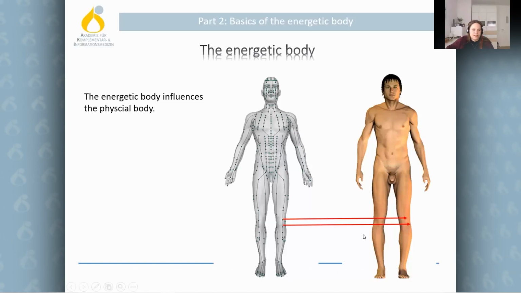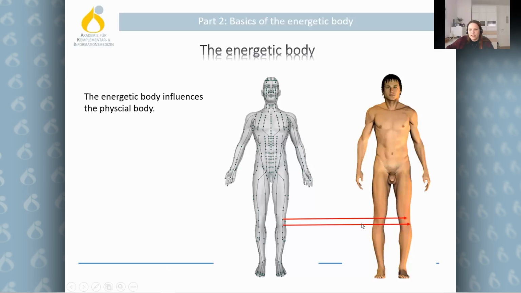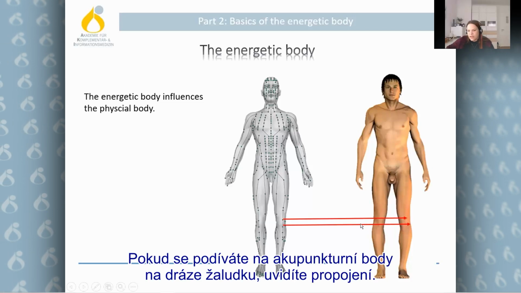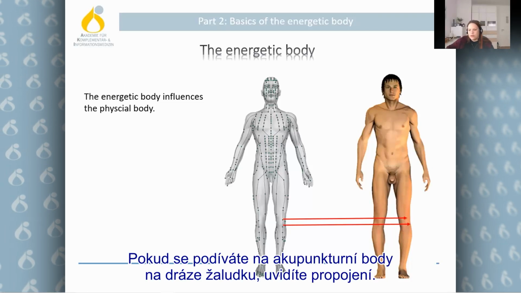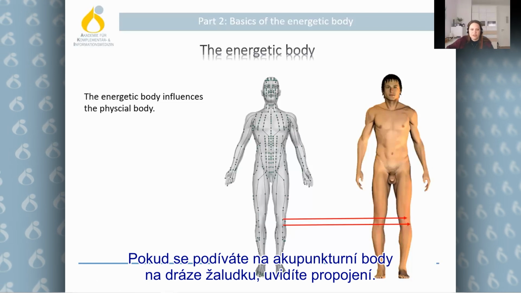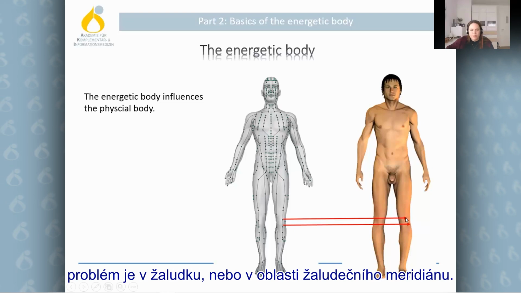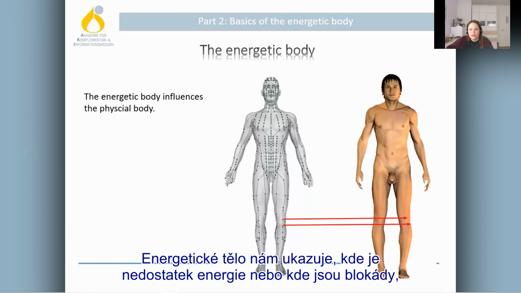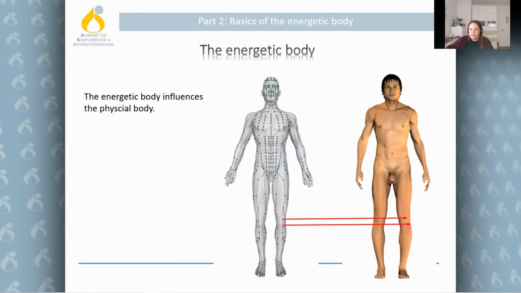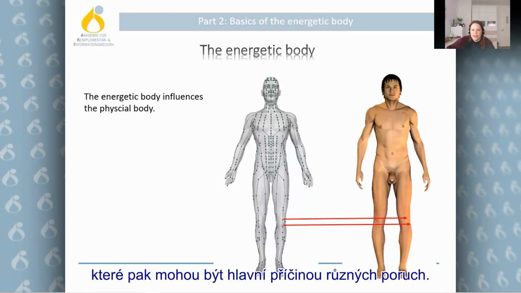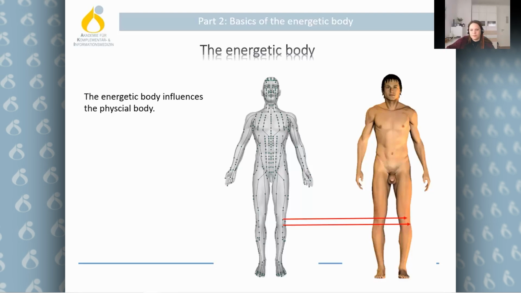So when you see these graphs here, if you look at the acupuncture point on the stomach meridian, you can see the connections. So the pain is in the knee, but the problem is in the stomach, in the stomach meridian. So the energetic body shows us where energetic deficits or blockages are present, which in turn can act as the cause of disorders.